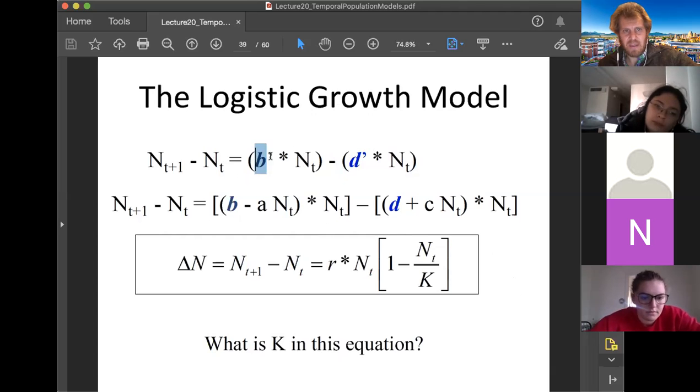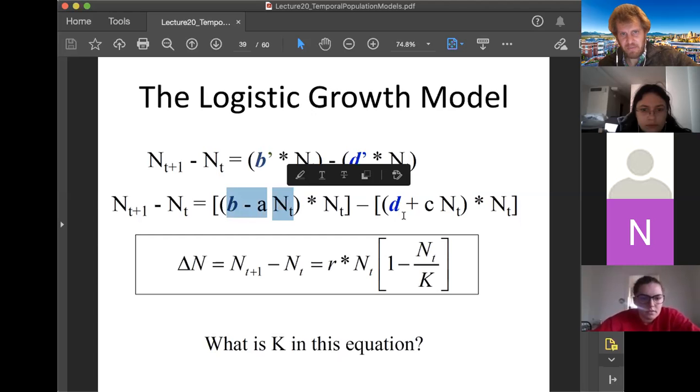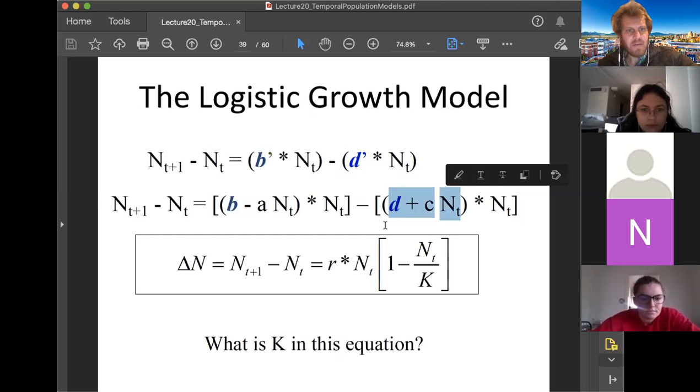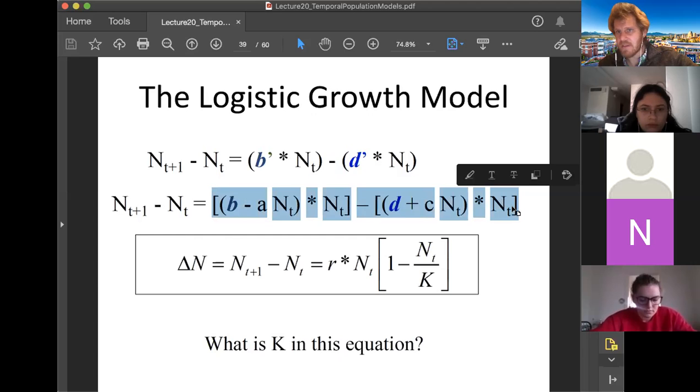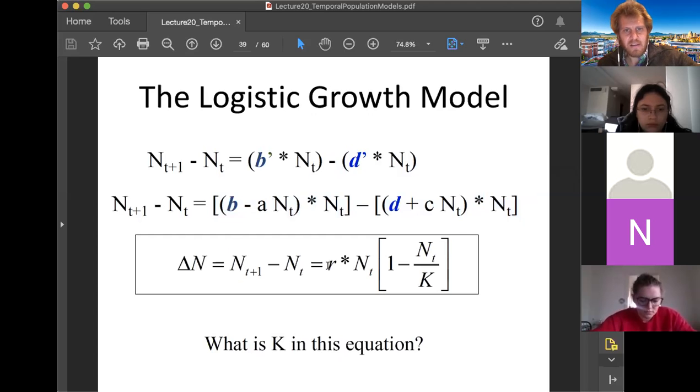We have the exact same thing, except we have B prime and D prime. We plug in what those are, and we see that the change in population, we do some algebra to this equation. You could try working this out as an exercise at home. Results in the logistic growth model.